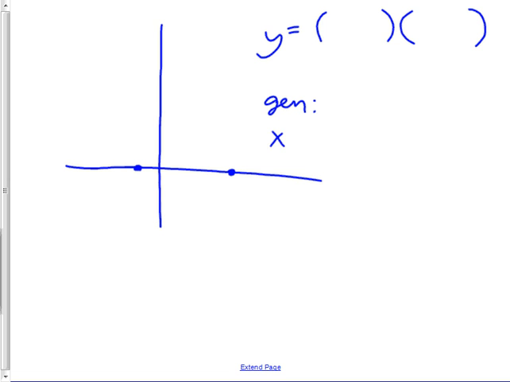Then I want you to tell me the axis of symmetry equation. And then I need the vertex.